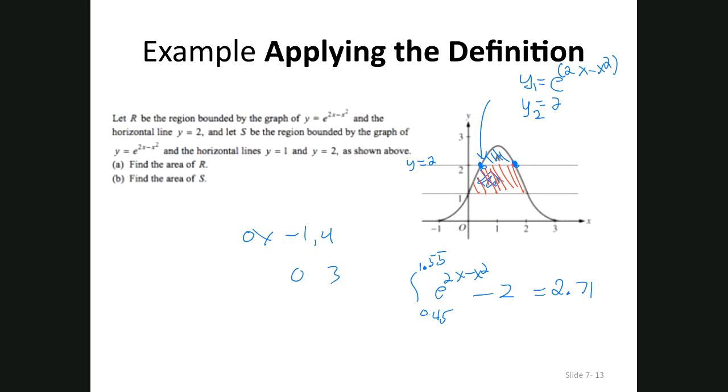I could just take the integral from 0, because this looks like it's at 0, and I don't know what this point is here. It looks very close to 2, so I'm just going to say 2, of the top function e to the 2x minus x squared minus the bottom function, which is just 1. If I find that value, that is all of the green.